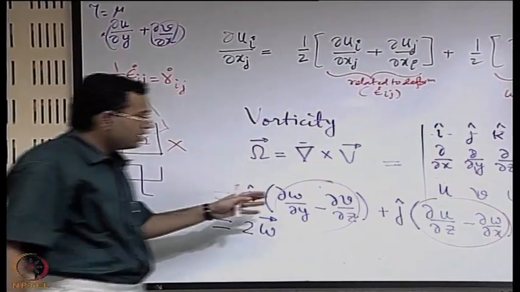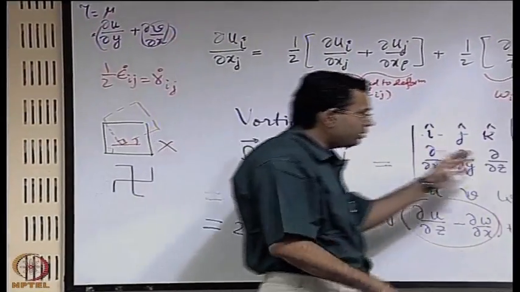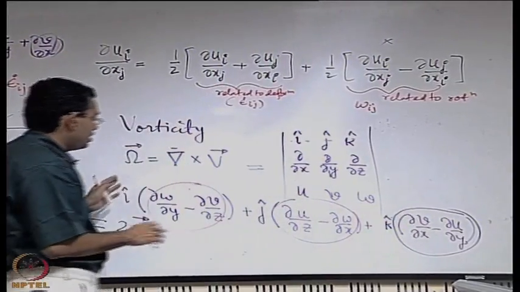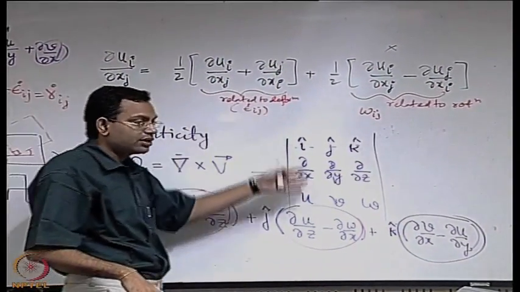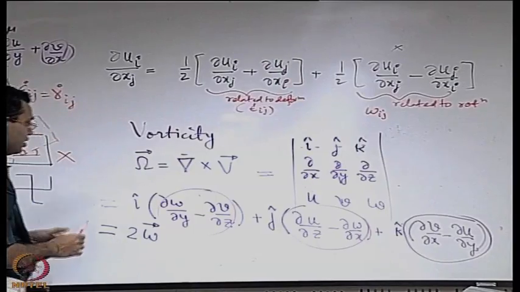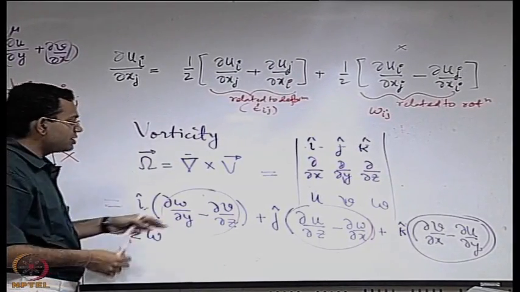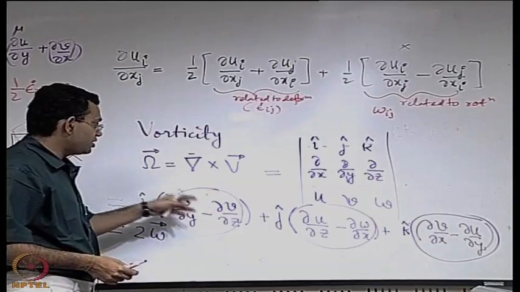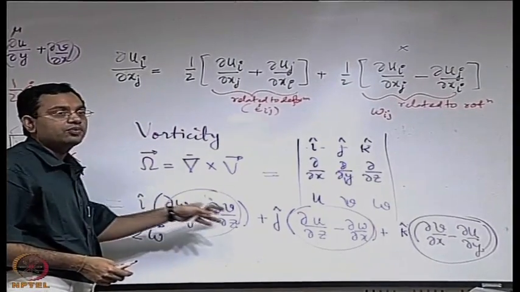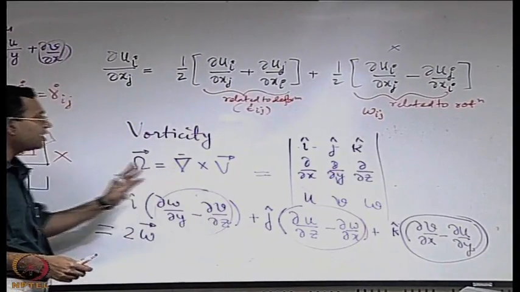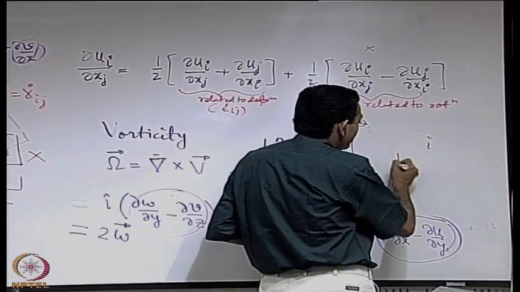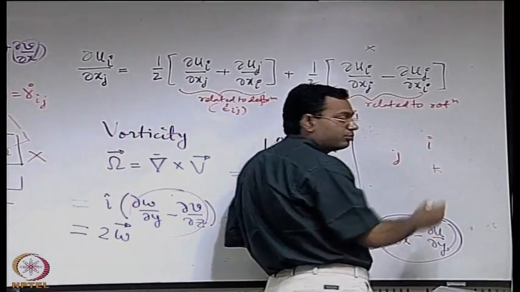If you know one of the components of the vorticity vector, it is possible to generate the other ones intuitively without going into all the cross products. Many times the common mistake is in the sign: which term will come as positive and which term will come as negative. For that you have to keep in mind that you maintain a cyclic order for the x, y and z components.